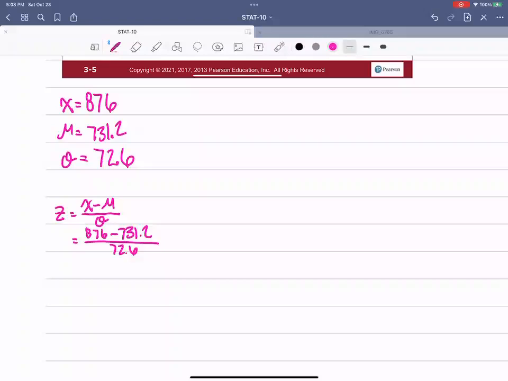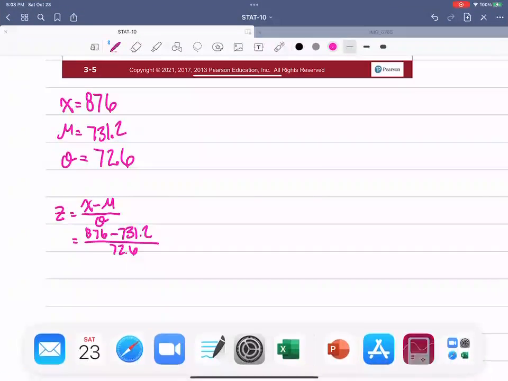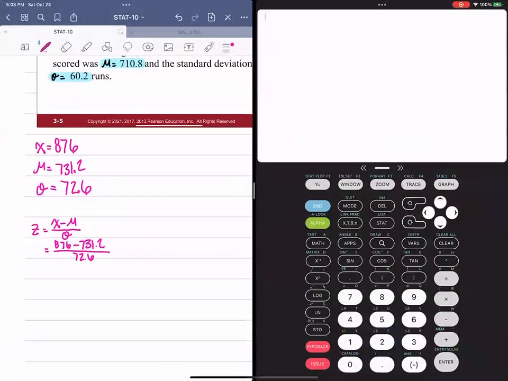Now we have our calculator. Our numerator is 876 minus 731.2, and that gives us 144.8.